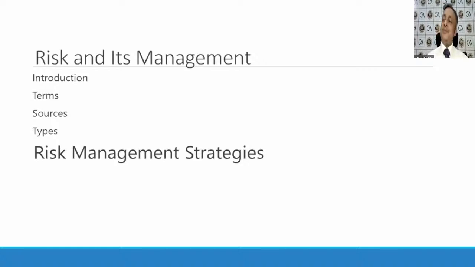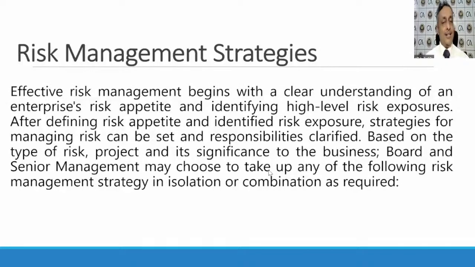Risk management strategies. Very important. Kindly read this. Effective risk management begins with a clear understanding of an enterprise's risk appetite, identifying high-level risk exposures. After defining risk appetite and identifying risk exposure, strategies for managing risk can be set and responsibilities clarified.